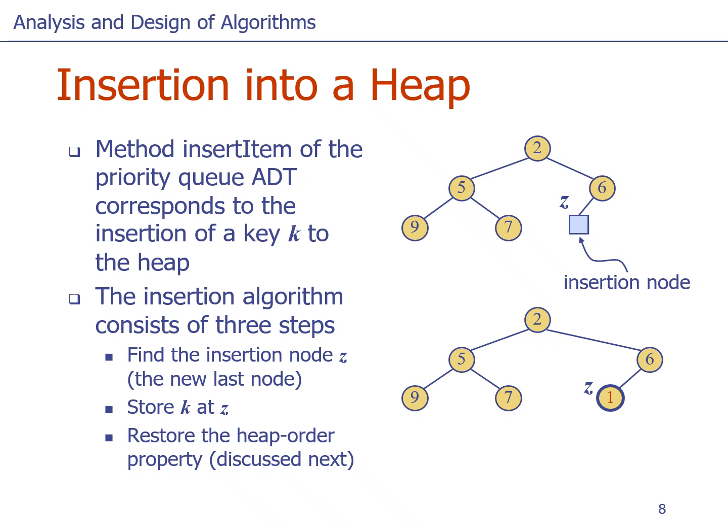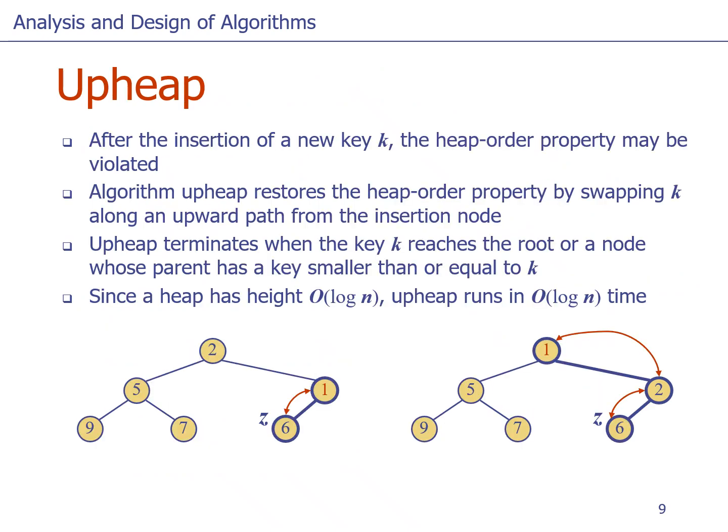So if this is a min heap, which means the smallest value is at the top, and I'm inserting a 1, I need to bubble it up as long as the parent is greater than the child. So this is what we have here. We inserted the 1 in the leftmost location we could identify at the lowest level, which is the left of 6.